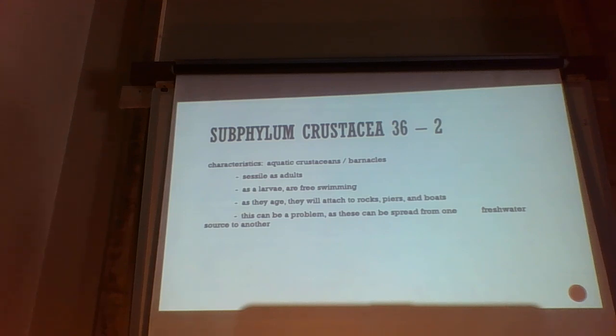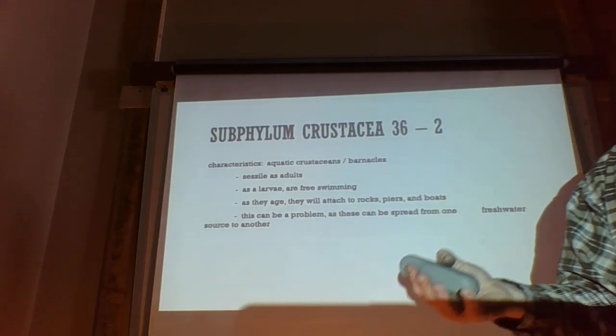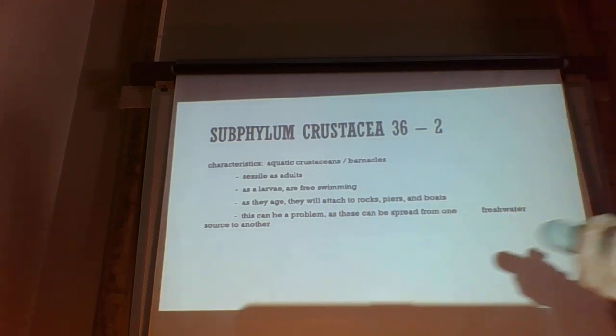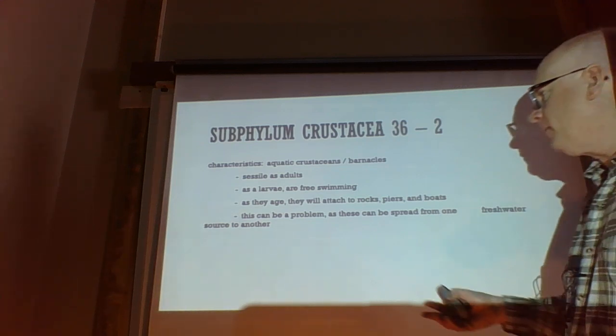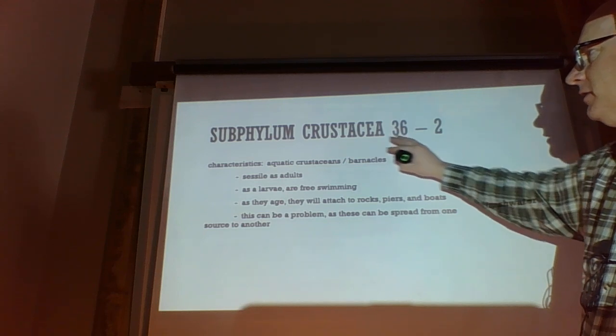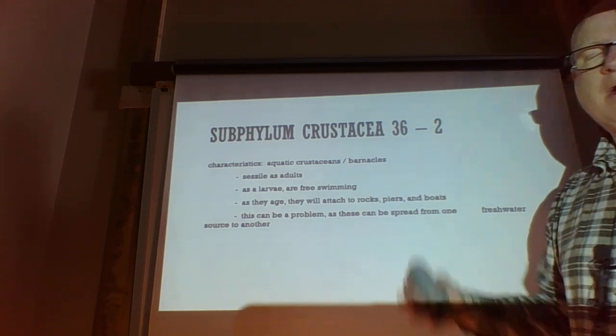And for those of you who know, if you spend any time on a lake, once you put your boat back onto your trailer, as you're pulling away from the dock, there's at least 2 different places where it's going to say pull your plug, okay? Because some of these barnacles can get spread from one freshwater source to another.